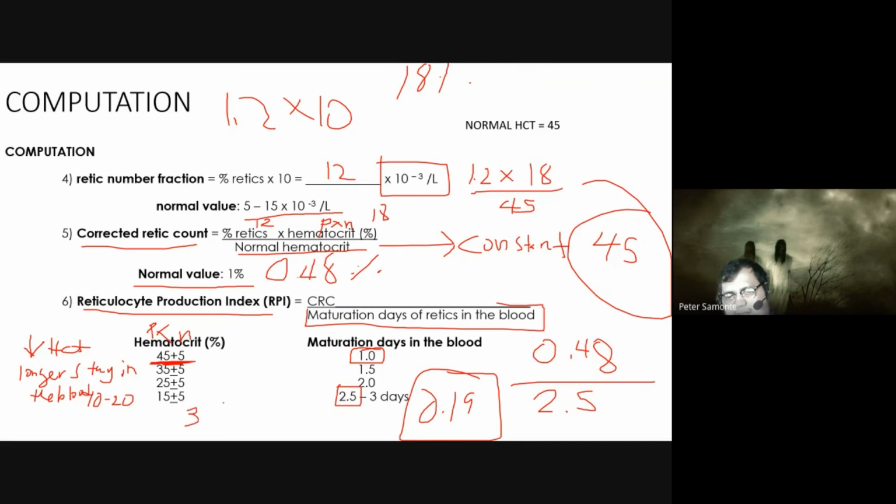Instead of 3 days in the bone marrow, it is now 3 days in your peripheral blood.